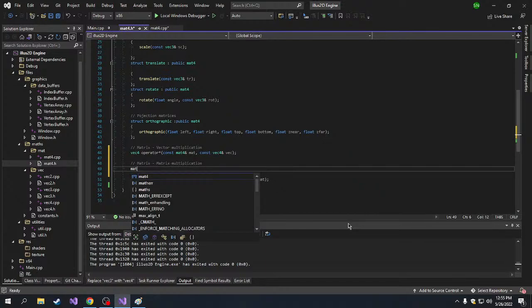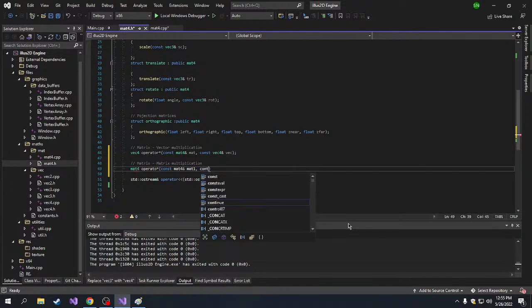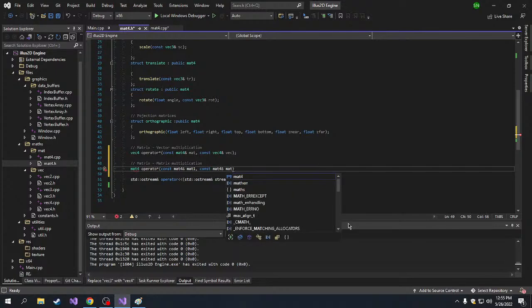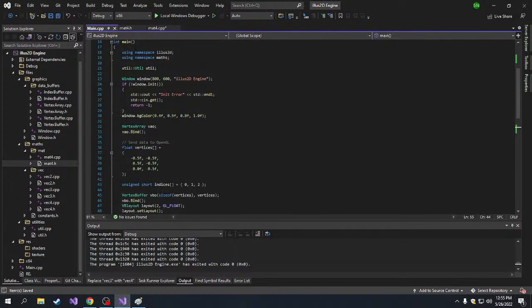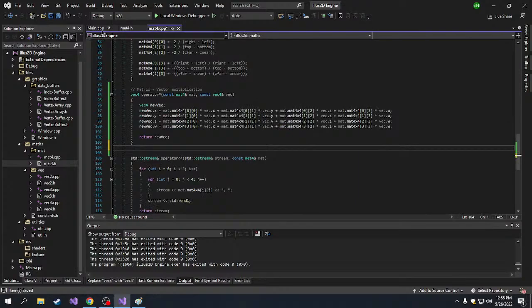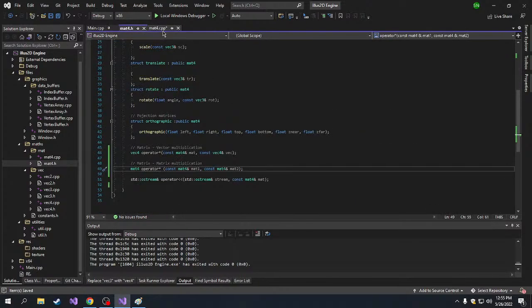So it's going to return a matrix. Operator star const mat4 reference mat1, const mat4 reference mat2 and yep, we'll do that.